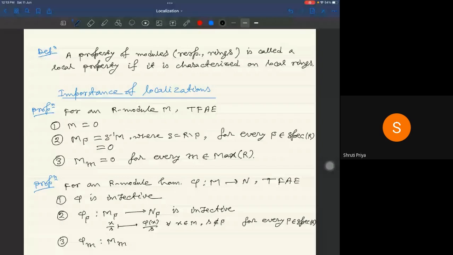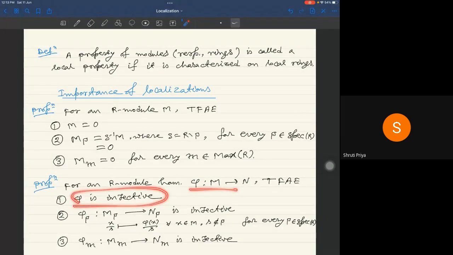So it's enough to verify this property, the injectiveness of this map, locally. Okay, so in that sense, the property of injectiveness of an R module homomorphism is a local property. So this being zero, this property, is also a local property.